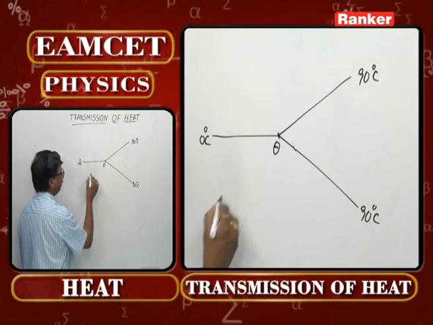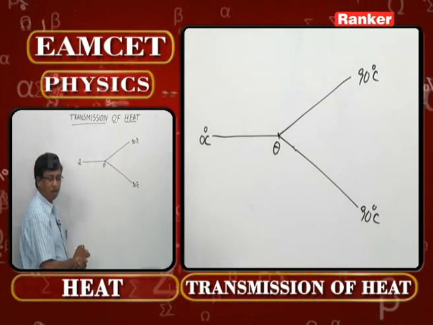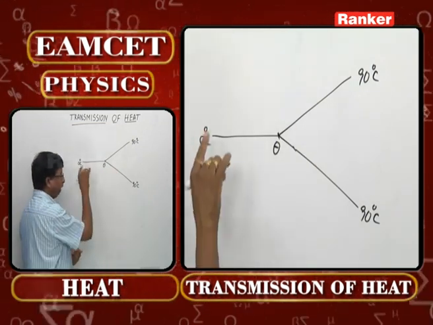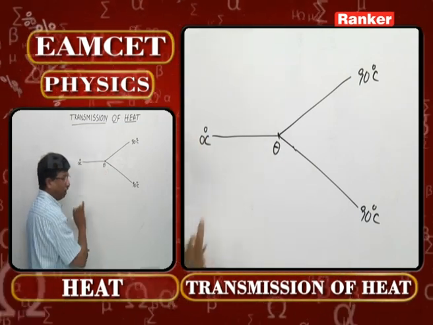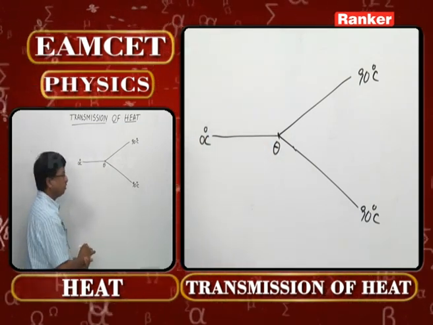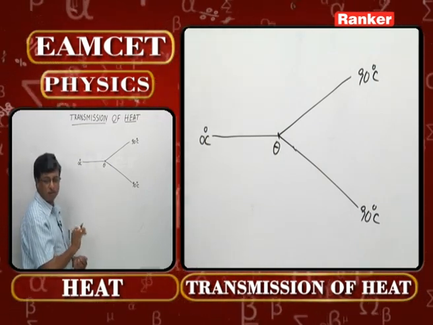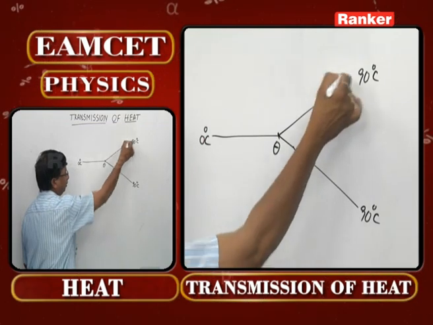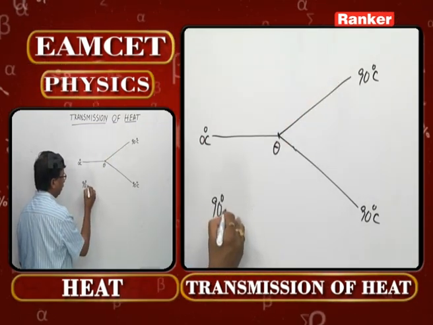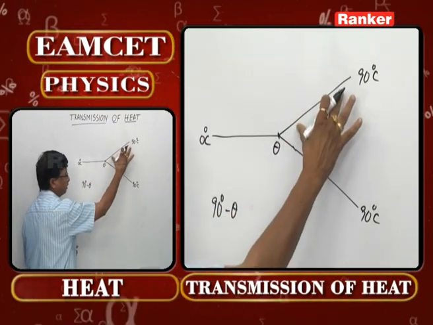Now, in this particular case, since all three are of the same material, the K value will be the same, their lengths are equal, and the areas of cross section are equal. The only variable you find over here is the temperature difference, nothing more. So what should we write as the temperature difference here? 90 minus theta. That is the temperature difference across this.